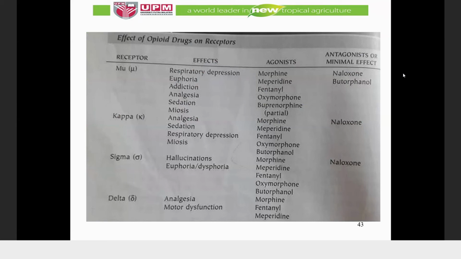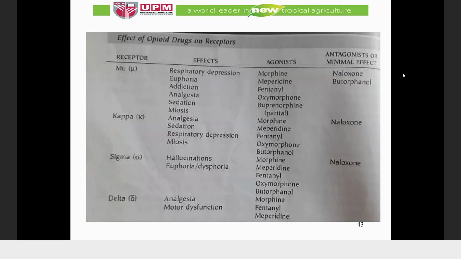They are very, very potent. When you go into clinical practice, you have to be very careful using these drugs, keeping many things in mind while considering the physical examination. They cause respiratory depression. They cause euphoria, I mean excitement. When there is no pain, dogs and kids can also show excitement, right? They can also cause addiction. They are very good analgesics.